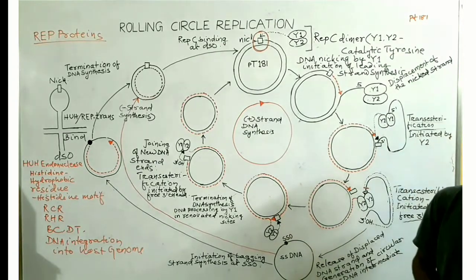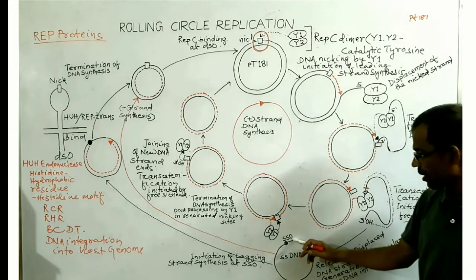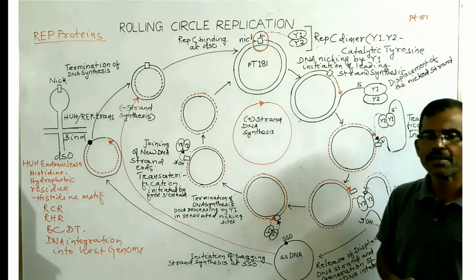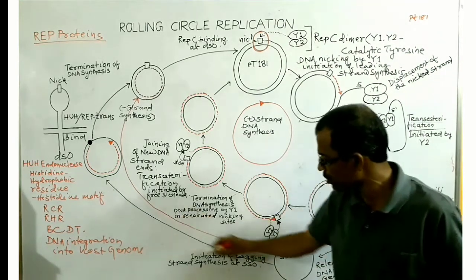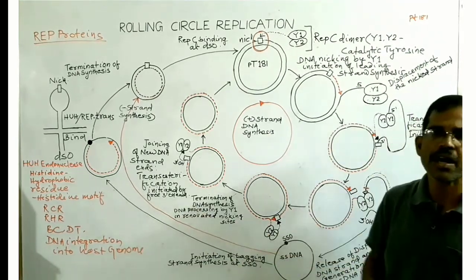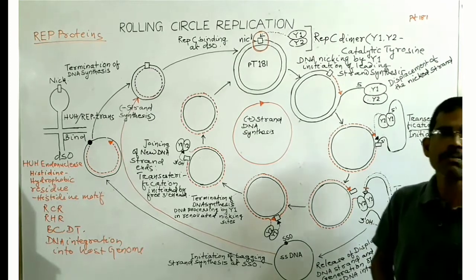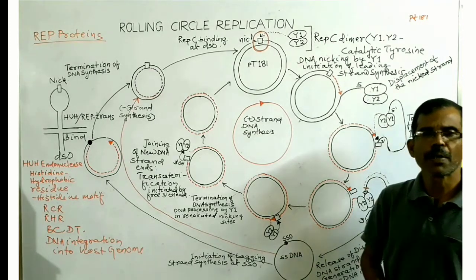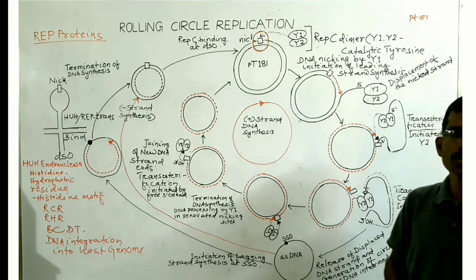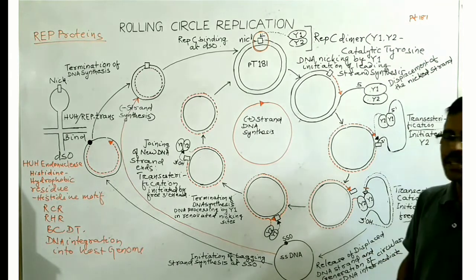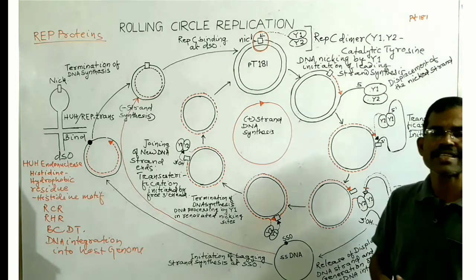SSI means single strand initiation site, whereas SSO means single stranded origin. Rep proteins are not involved in the synthesis of the lagging strand. So synthesis of the lagging strand takes place with the help of enzymatic machinery of the host. A primase complex is recruited within SSI.